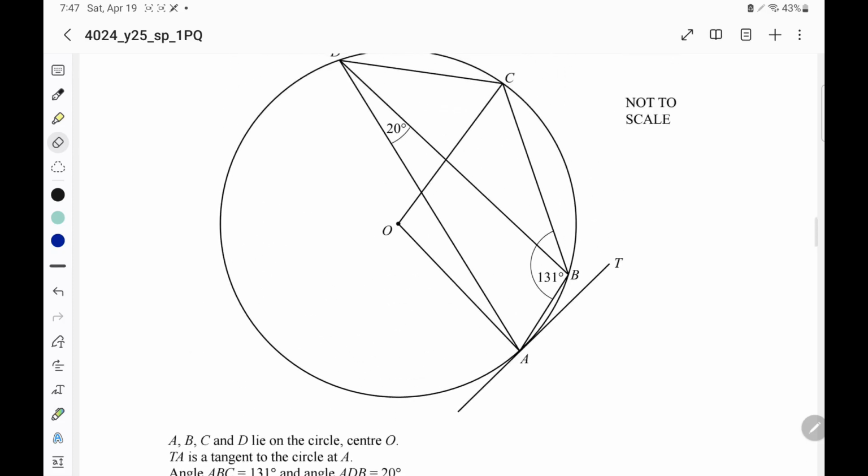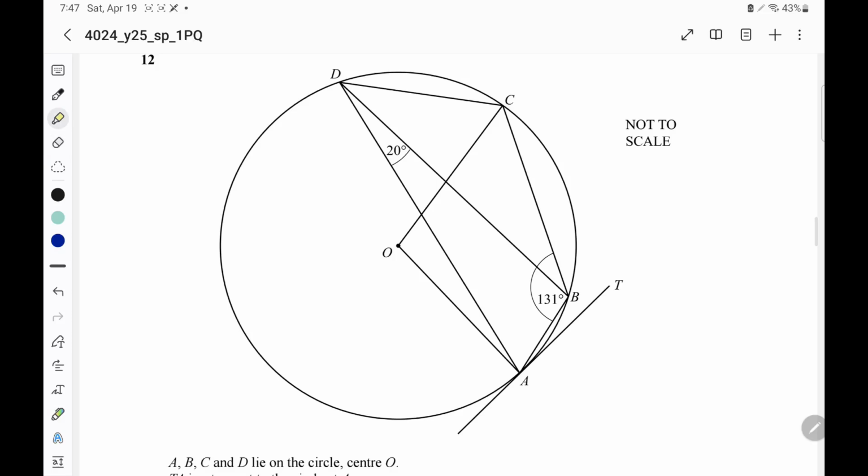ADC is the first part, A to D to C. This part is required in this question. So we can see it's a cyclic quadrilateral. Angle D and angle B are opposite to each other.